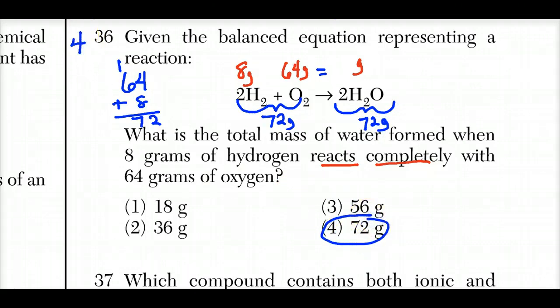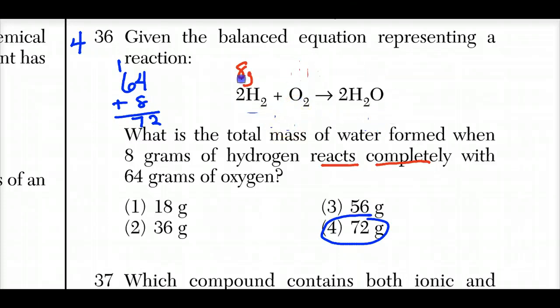Now, if you took a higher level chemistry class, you could do the stoichiometry and convert your 8 grams of hydrogen to moles, right? So we got 8 grams of hydrogen, convert it to moles. We know that in 1 mole of hydrogen, we have 2 grams, and this would give me 4 moles.